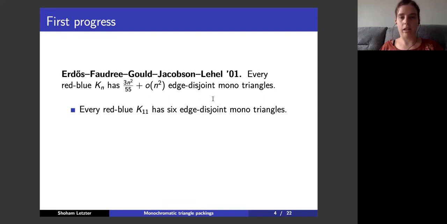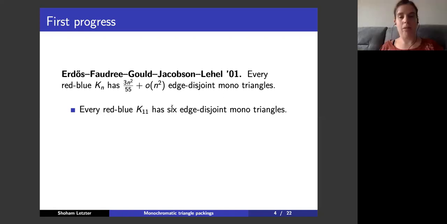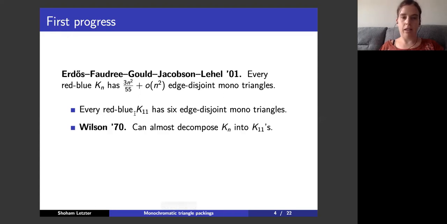They looked at the question for n equals 11 and solved it precisely by hand, doing some kind of case analysis. Using that, they showed that in every red-blue K11, there are at least 6 edge-disjoint monochromatic triangles.